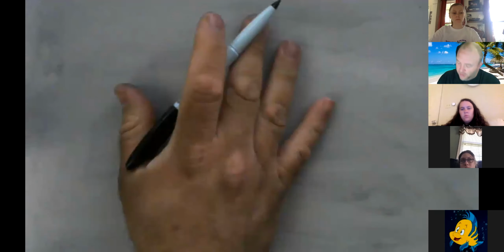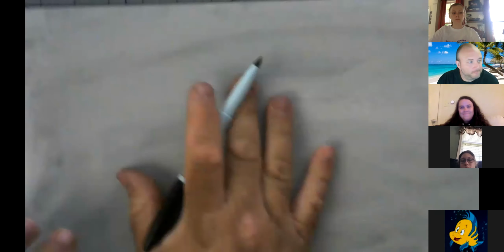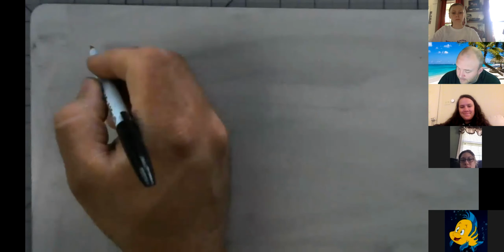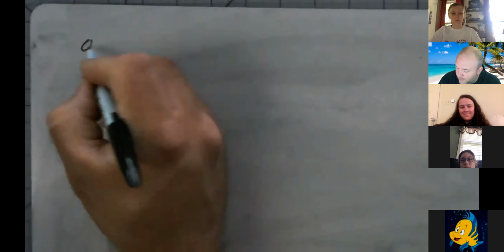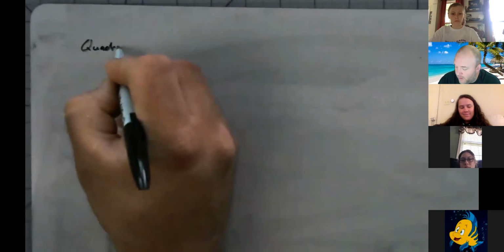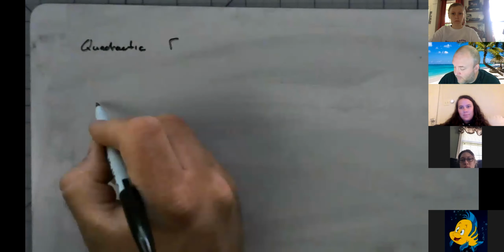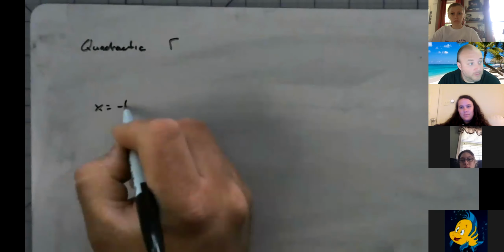I would say the quadratic formula. Okay, so quadratic formula. Does anybody know what the quadratic formula is? It's x equals negative b plus or minus the radical of b squared minus 4ac, over 2a.